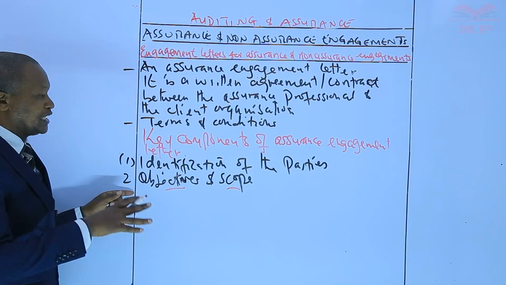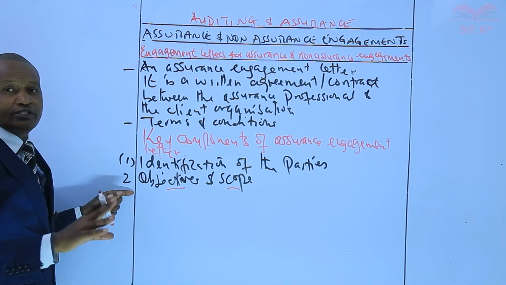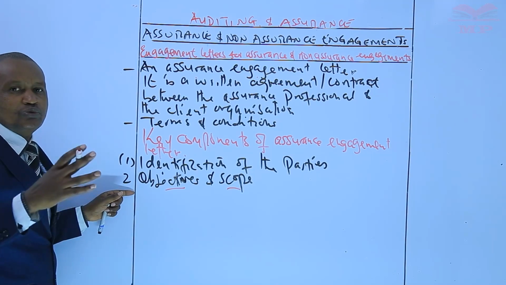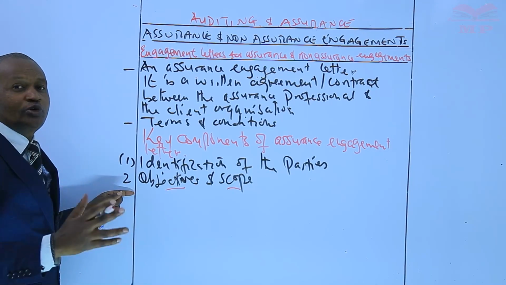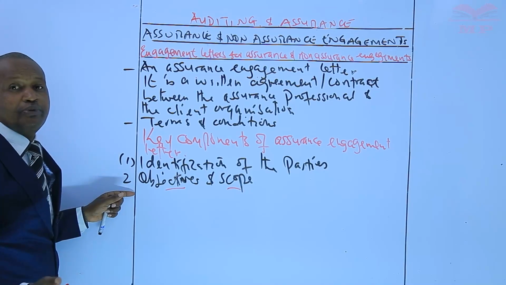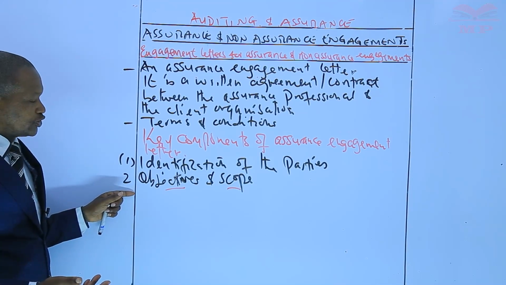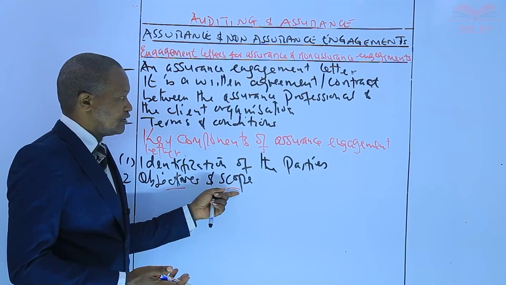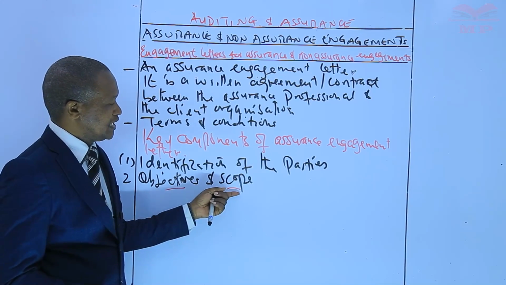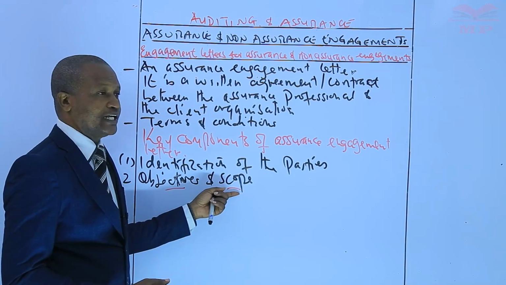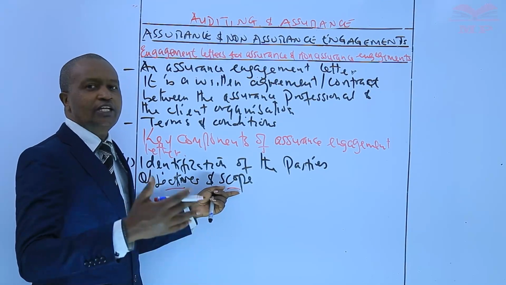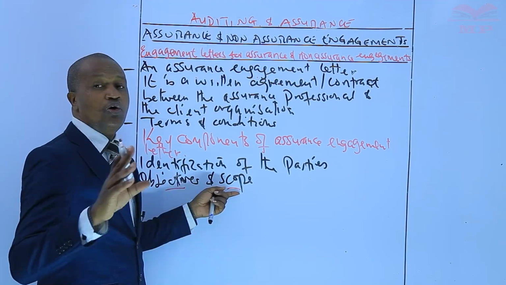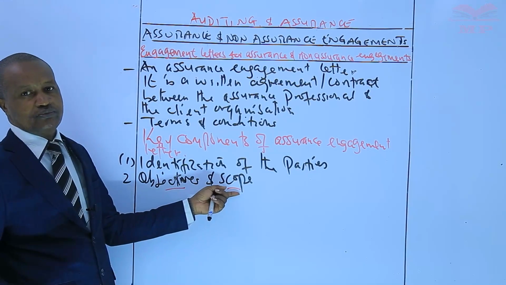It has to be clear on the objectives in relation to the subject matter that will be evaluated. There has to be also clarity on the criteria upon which the subject matter will be assessed. There also has to be scope. The engagement letter under this section also defines the scope of engagement, which may include any limitations or any exclusions.